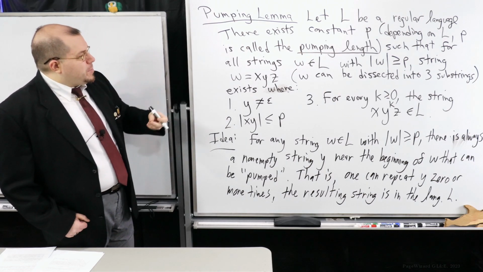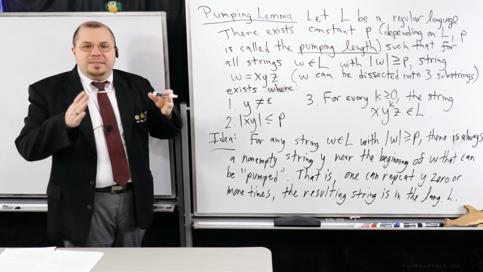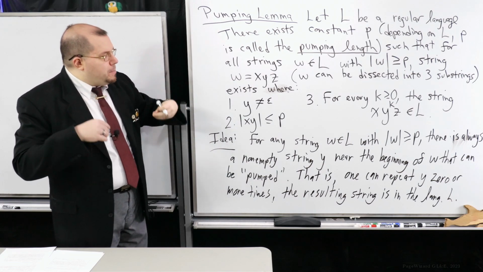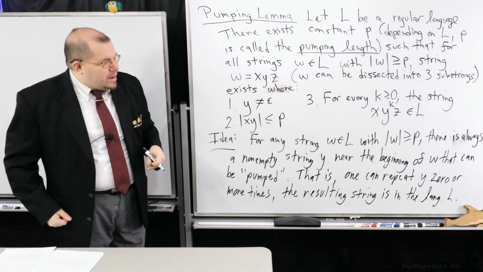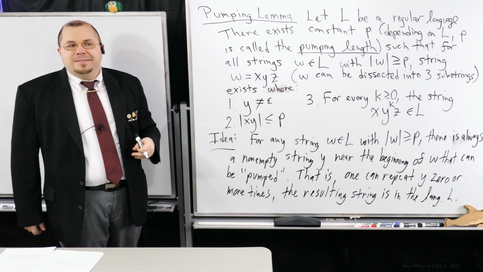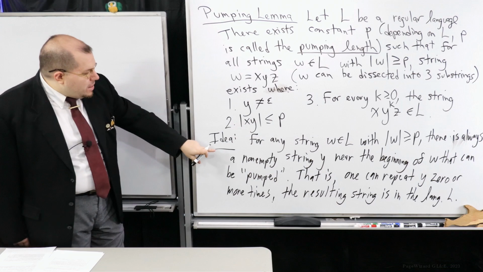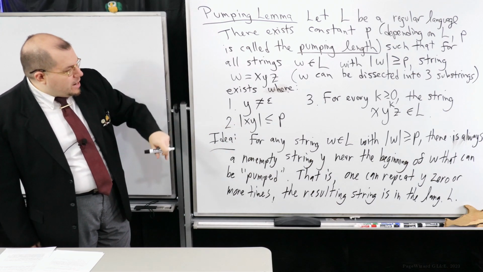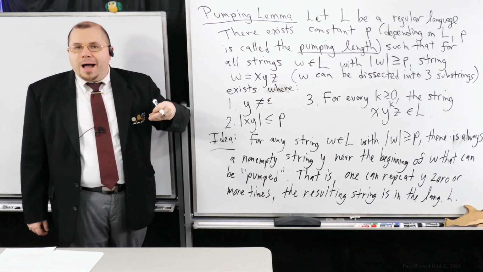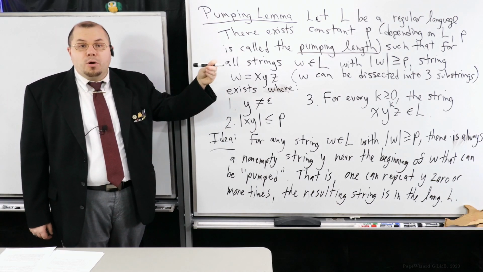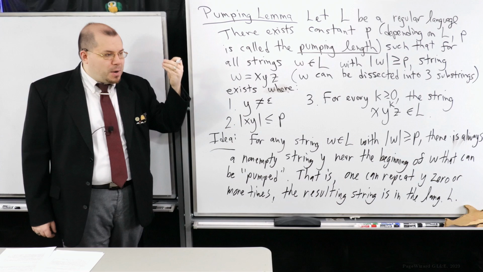And we call this the pumping lemma because I get the opportunity to pump y. What does that mean? It means that for any string w where the length is at least the pumping length, there's always going to be a non-empty string y near the beginning that can be pumped, and that means that I can take y and repeat it 0 or more times. That's what I refer to as pumping.